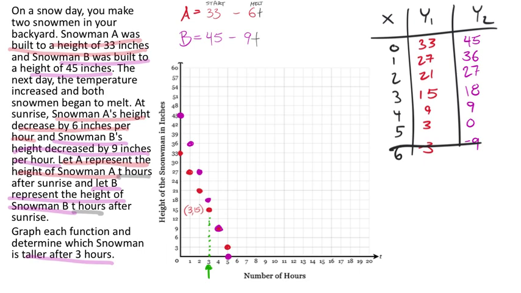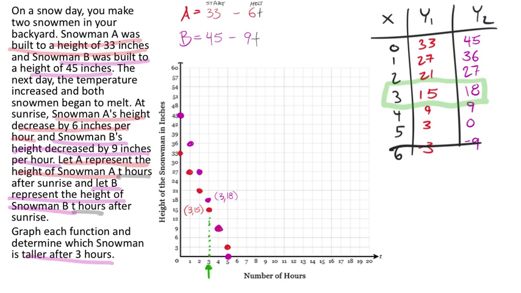That's snowman A, and then snowman B, it's showing that after 3 hours, it's 18 inches tall. Which, if you noticed in the table, it also gave us the same values. 3 for X is 3 hours after it starts, so that's this row right here. So you could have figured it out with the table, you could have figured it out with the graph, doesn't matter because the calculator did all the work for us, and that's what I like.